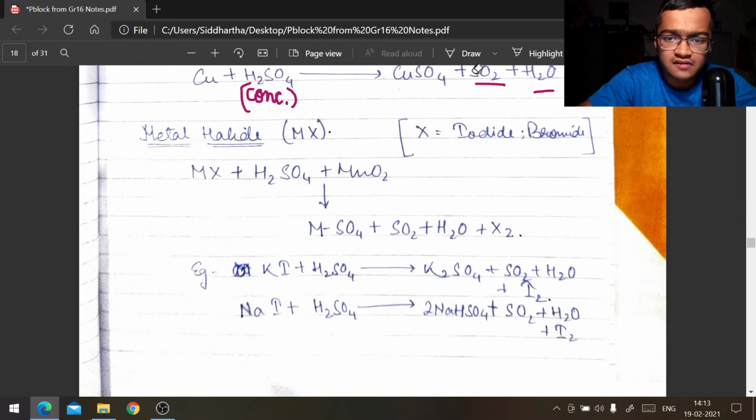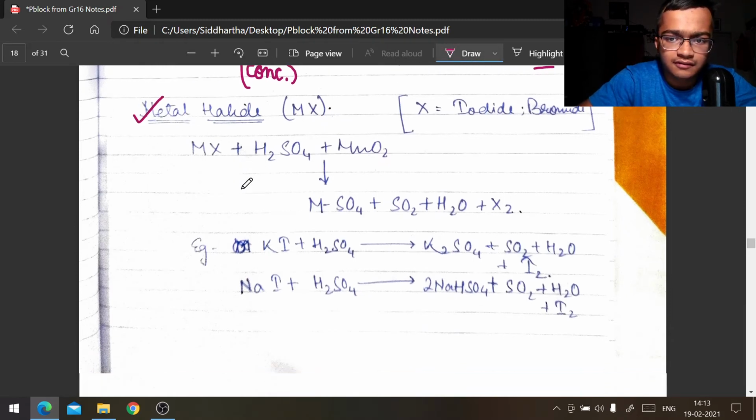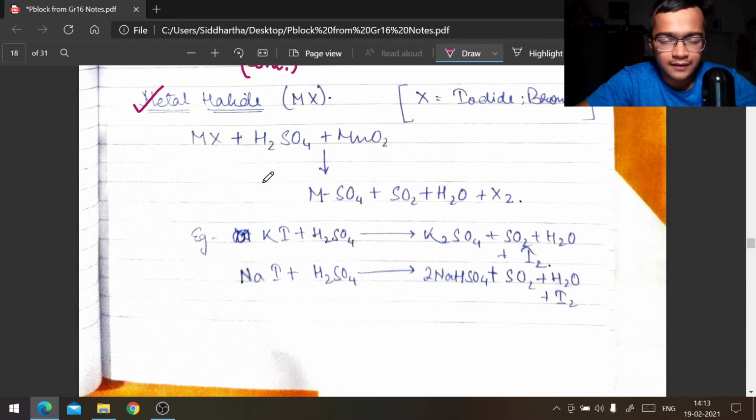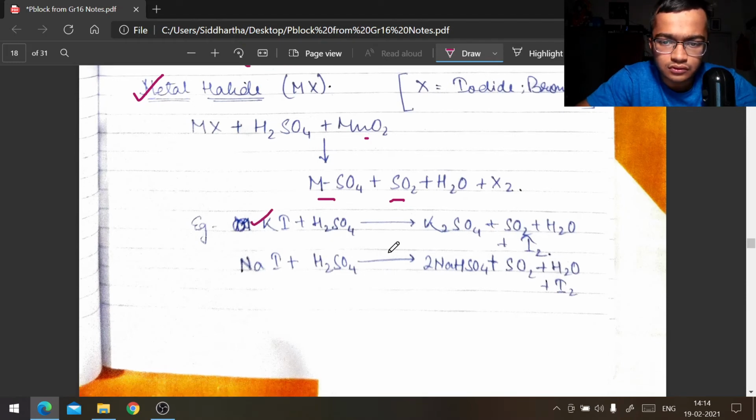Moving on, reaction with metallic halides, okay. Now a metallic halide is MX, where X is iodine or bromine. Now MX plus H2SO4, with MnO2 acting as a catalyst, gives MSO4, SO2 plus H2O plus X2. So here we are taking potassium iodide plus H2SO4, so we get K2SO4, iodine, SO2 and water.